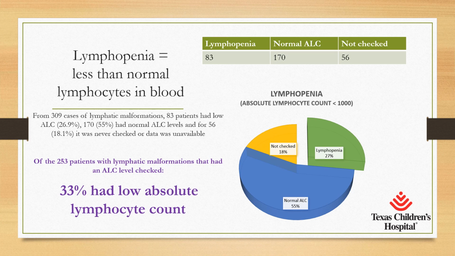So if you want to look at these numbers in a different way, out of the 253 patients with lymphatic malformations that had an absolute lymphocyte count checked, about 33% had a low lymphocyte count.